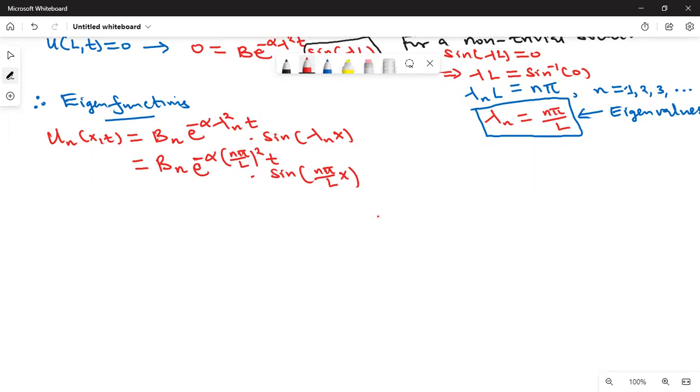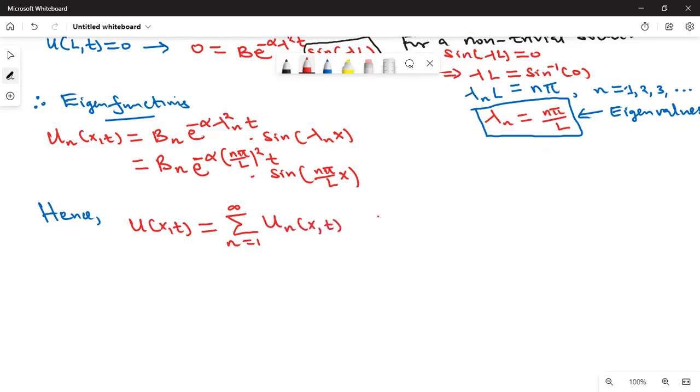Now, those are the corresponding eigenfunctions. Now, what is our general solution? So you can say, hence, our solution, which is u of x,t, is now the sum from n equals 1 to infinity of those eigenfunctions, u subscript n of x,t.